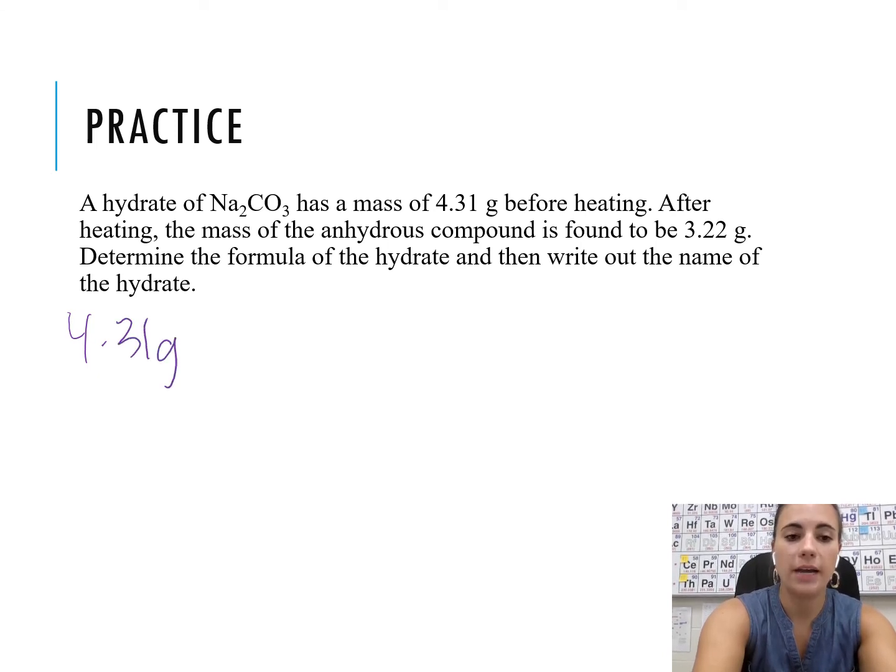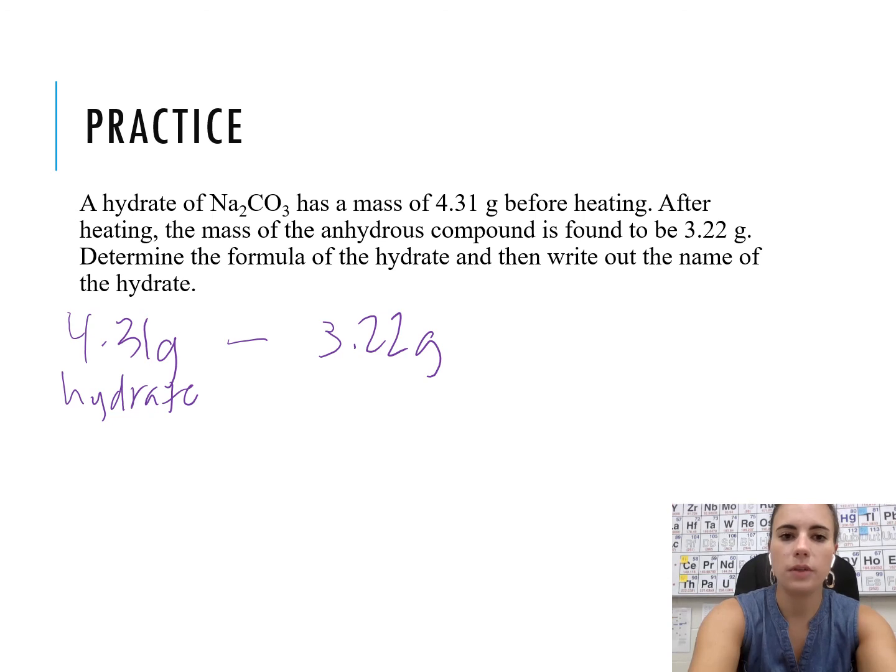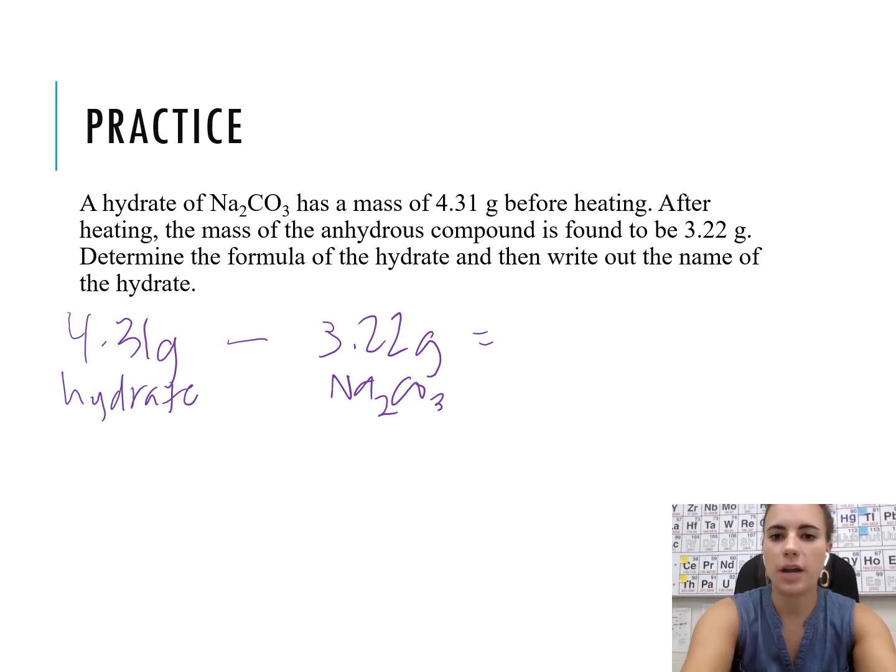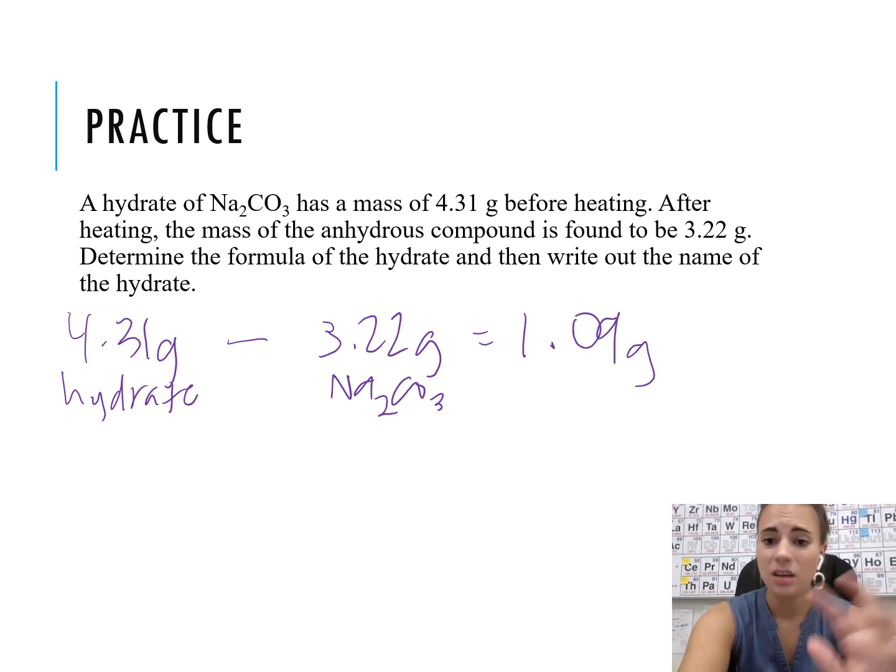So that was my hydrate. And then when I was done, it weighed 3.22 grams. So that's only the sodium carbonate. So when I subtract those two, I get 1.09 grams. So that's what's missing. So that's my water.